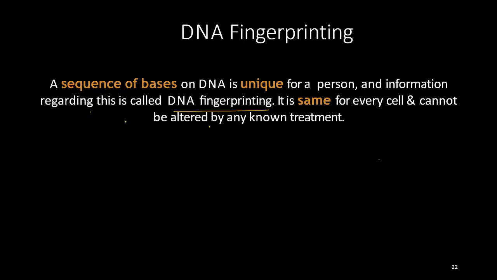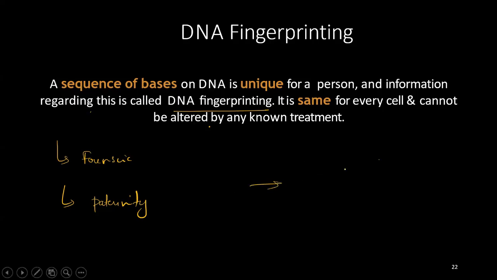So how do we use this DNA fingerprinting? One use is in forensics, for identifying the criminals. Second, we use it to identify who is the father or who is the mother, that is, for paternity. Sometimes there's a dead body and we cannot tell whose it is because the body is completely decayed or completely burnt or something.